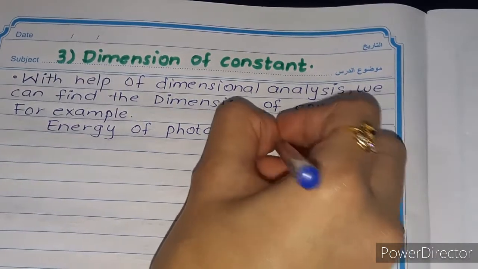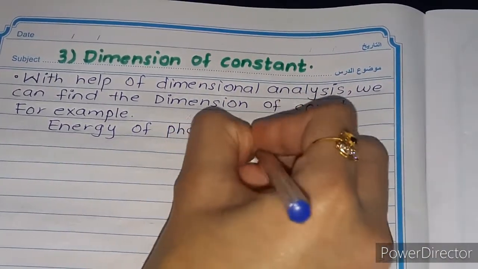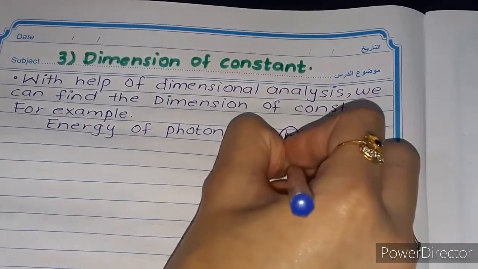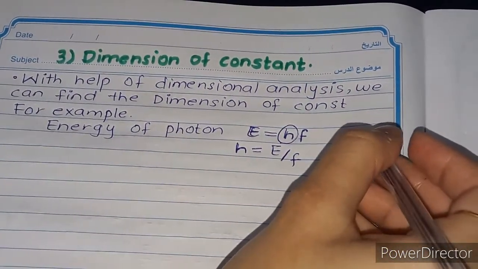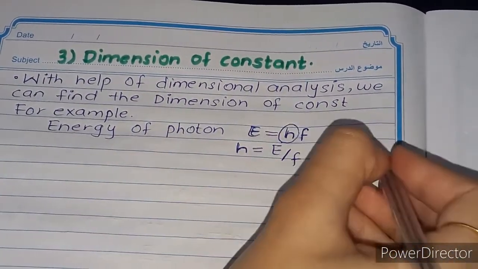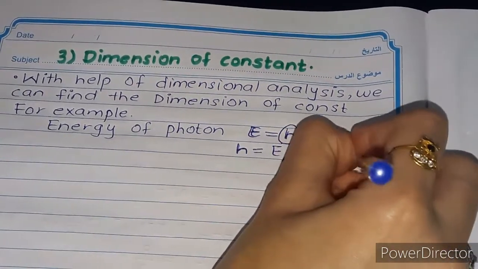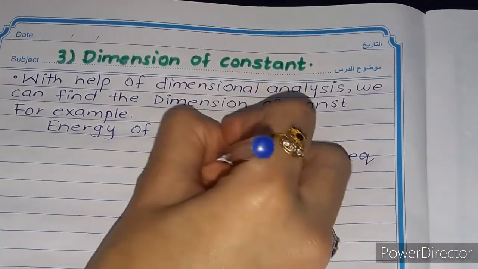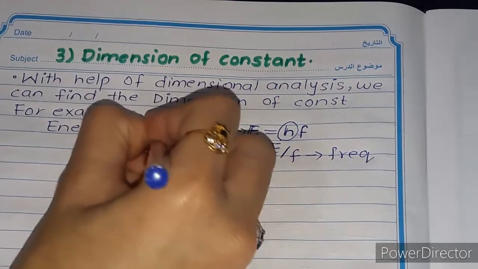We have to find this constant h. H would be equal to E divided by f, where E is the energy of the photon.